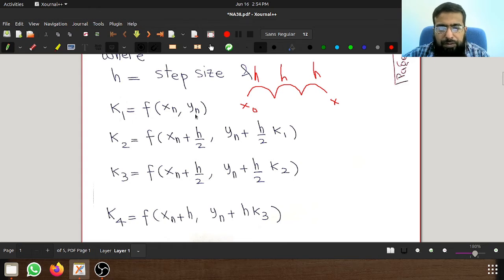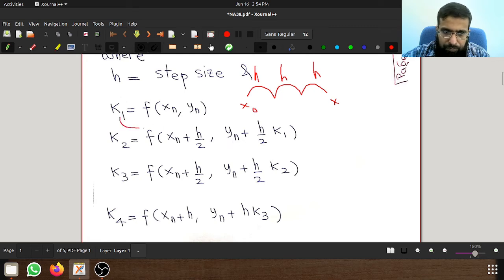K1 is f of xn and yn. This n is the value of n for which we are working. Initially that would be x naught, and then x naught plus h, and then x naught plus 2h, etc. And K2 is computed using xn plus h by 2, the halfway point from xn to xn plus h.